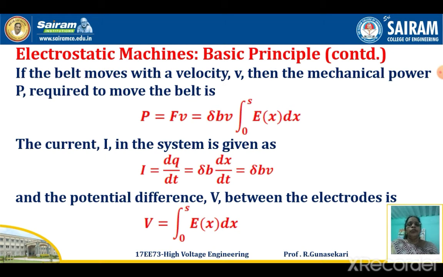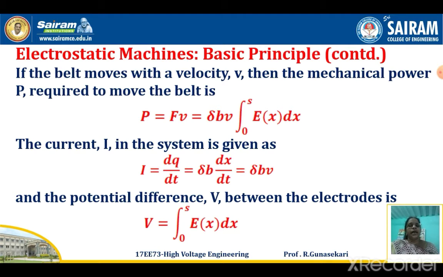If the belt moves with a velocity small v, then the mechanical power P required to move the belt is P equal to force into velocity, F into small v, that is equal to delta b small v integral 0 to S E of x dx.